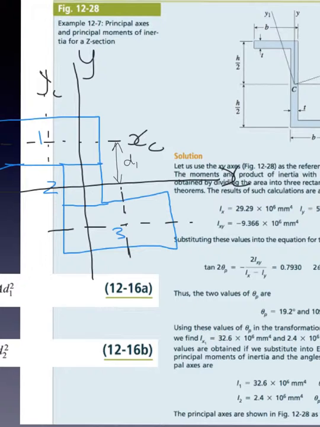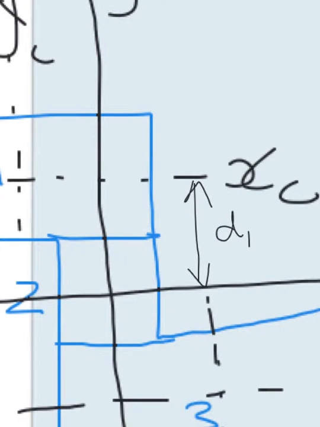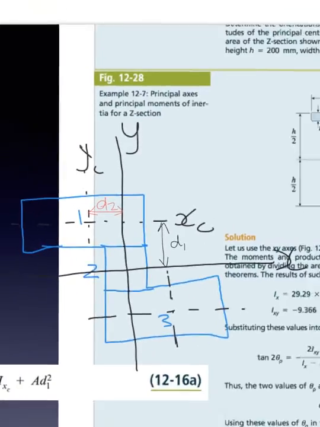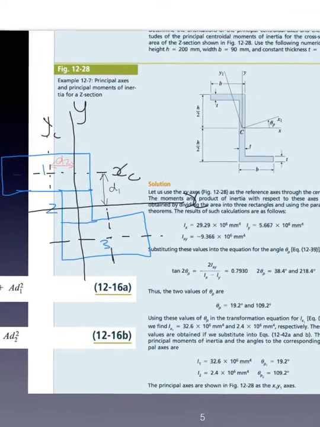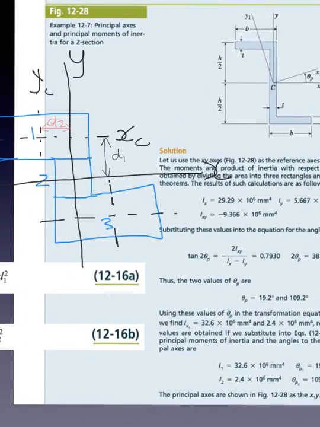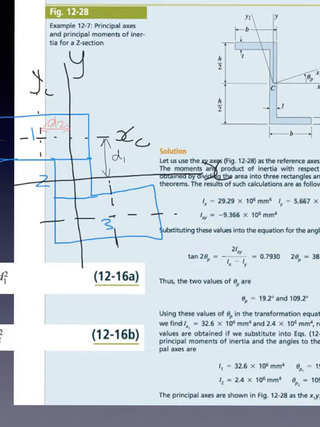So it will basically be like that. I'll use a different color. So that is D2. This is just to help explain what the variables stand for in this equation.